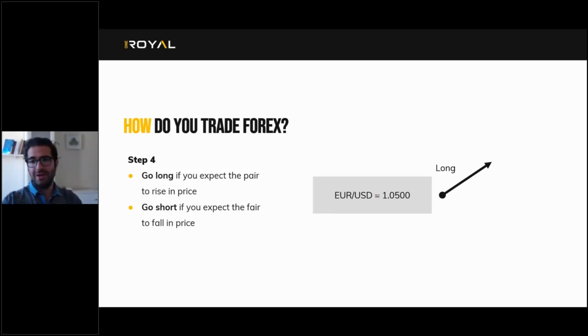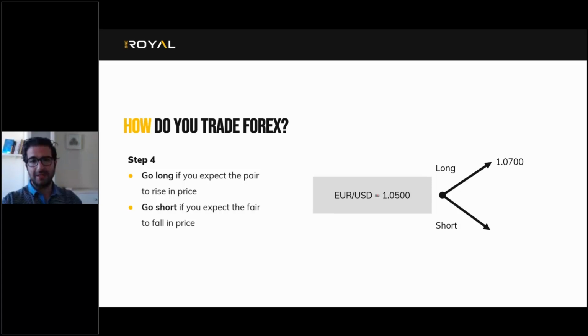So you went long, and let's say your analysis was right and the Euro went from 1.05 to 1.07. Here you will make money. This appreciation from 1.05 to 1.070 will make you money. As simple as this, you can make money. However, if your trading idea was wrong or the price moved against you and it went below 1.05, you will lose money in case you were long.